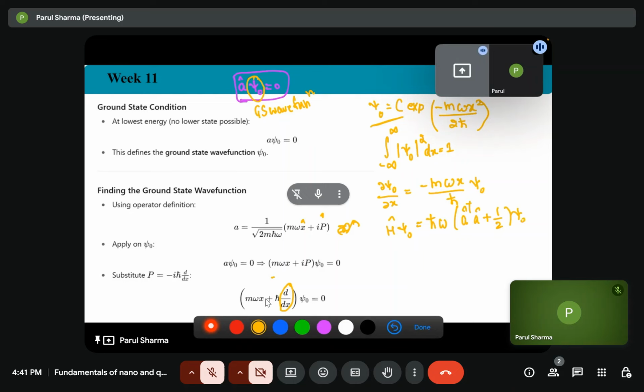So let's just solve this integral. Let u equal minus m omega x square by 2 h cross, and then du will be m omega by h cross x dx.